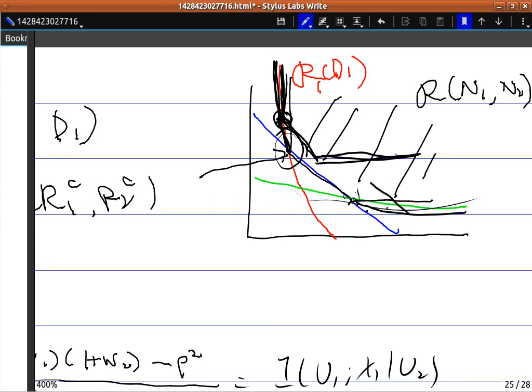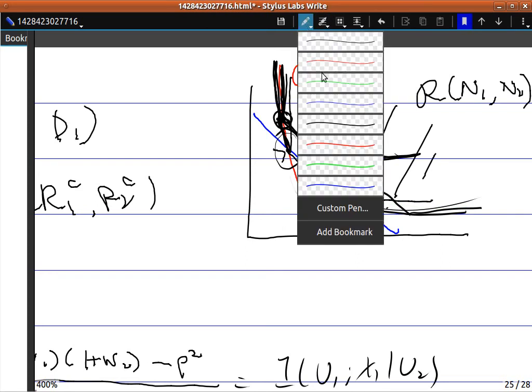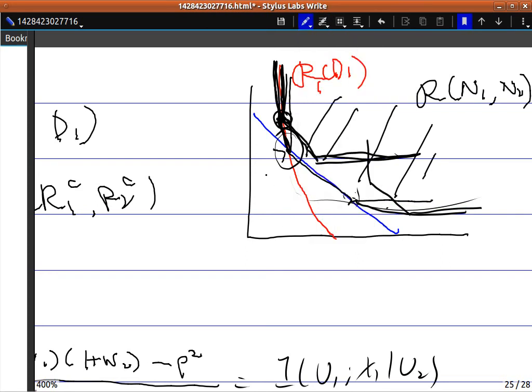This is not a very nice drawing. So my R2 D2, somewhere here.